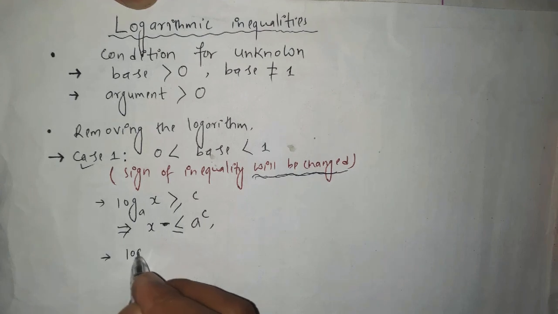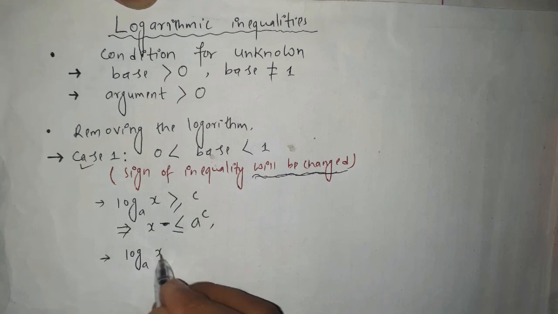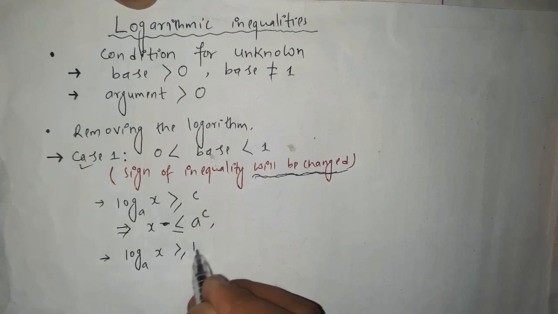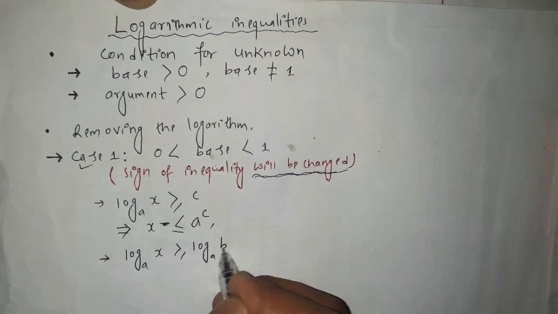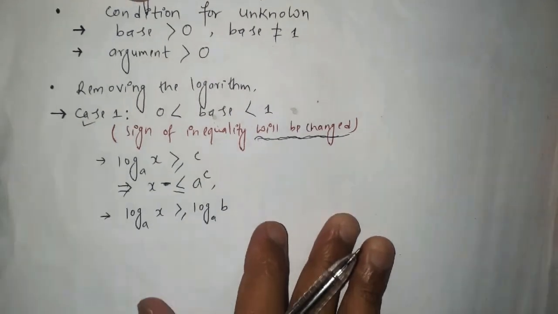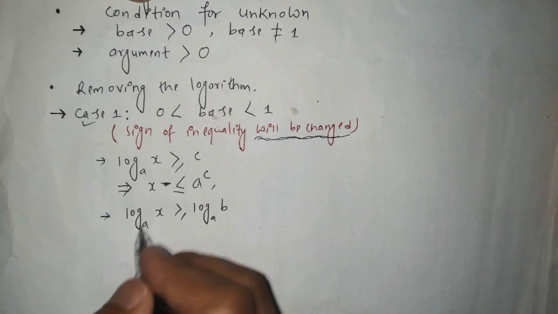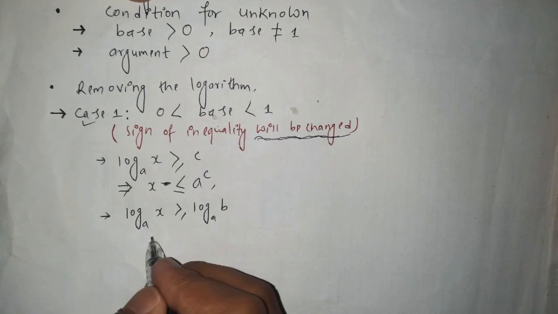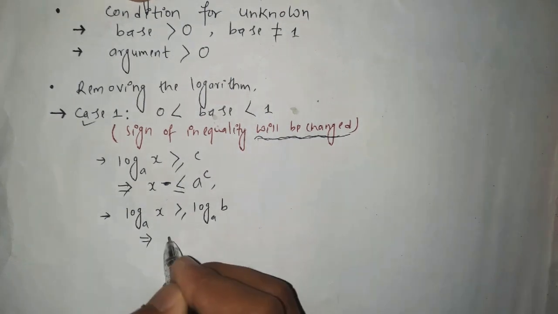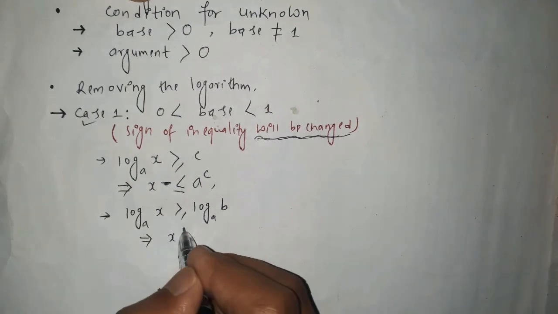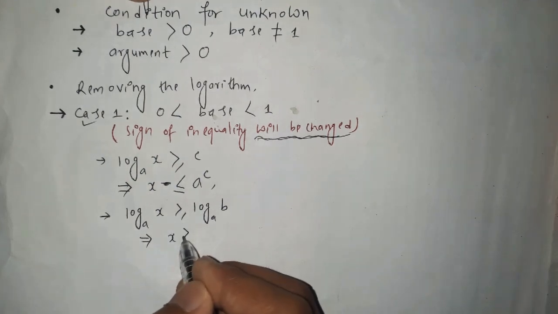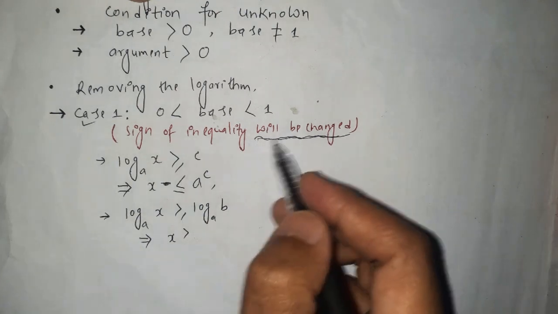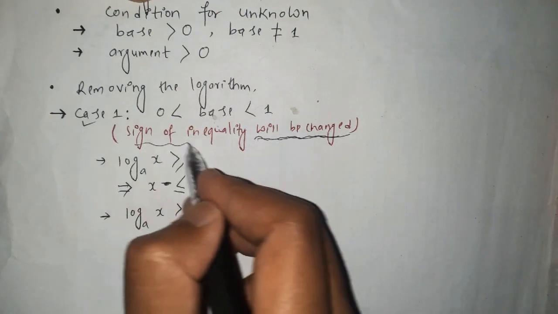But if the log is written this way, if log with base a of x is greater than or equal to log with the same base a of the number b, then we can remove the logarithm by this process. This is the same as x, sorry, we have to reverse the sign of the inequality.